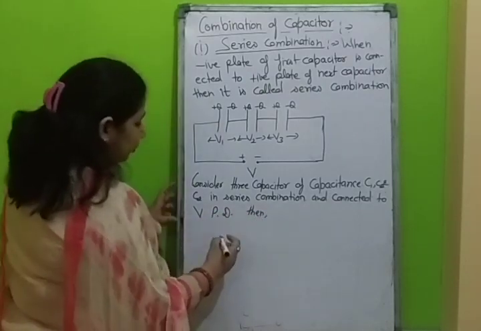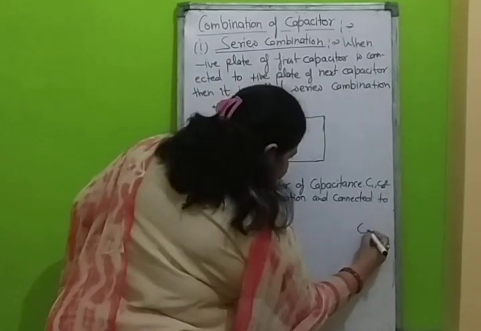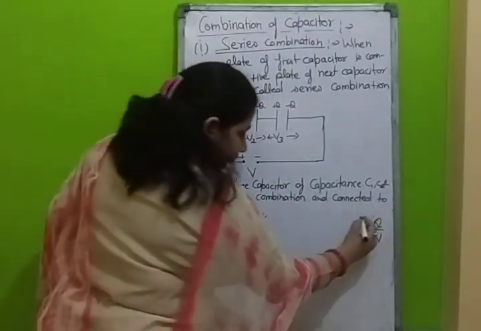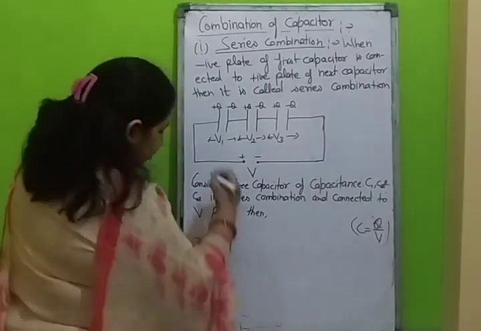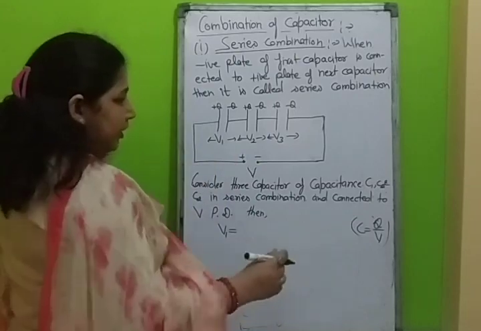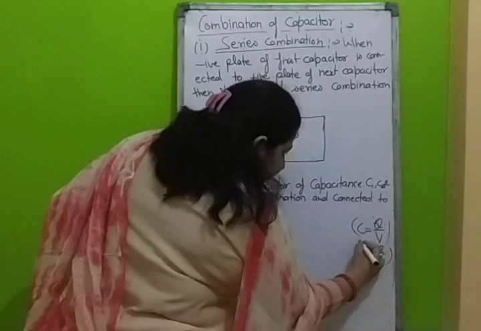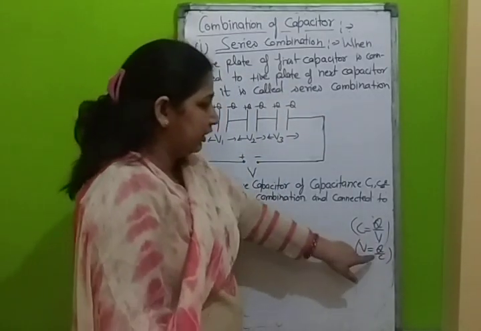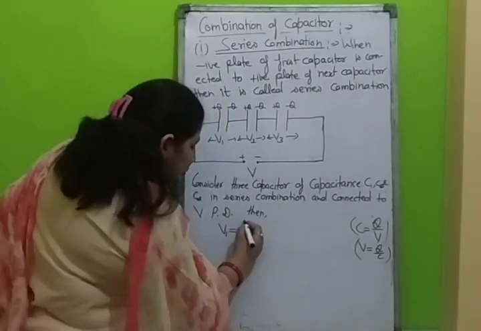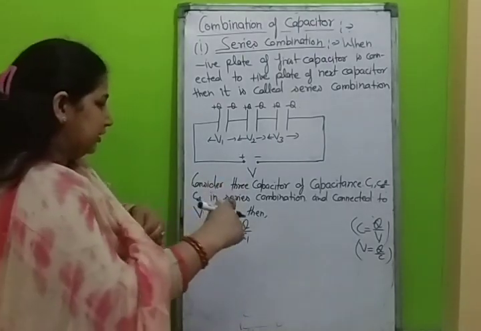Then, as we have C is equal to Q upon V, V1, the potential difference across the first capacitor, is equal to Q upon C1, as we have taken the charge on all the capacitors to be the same.